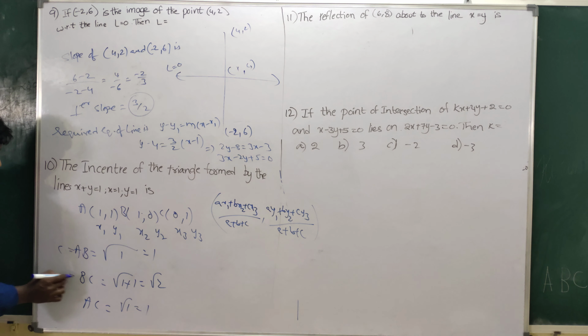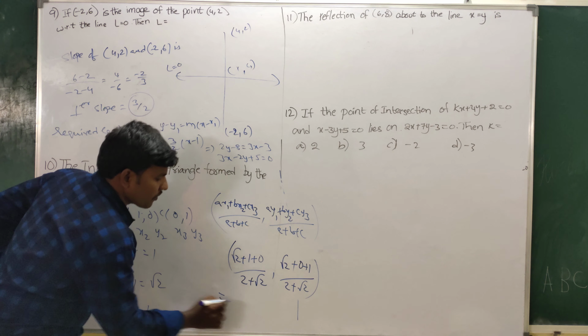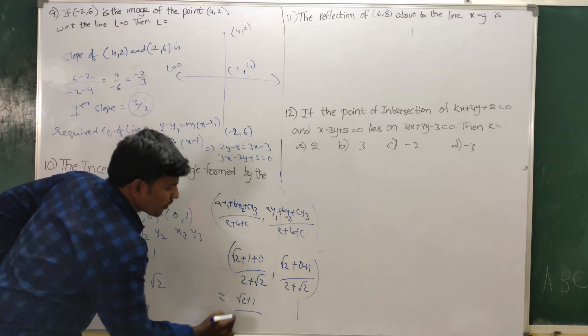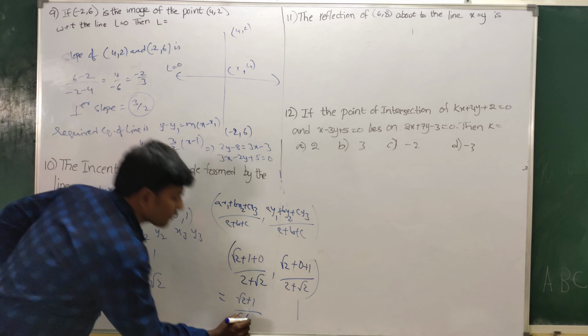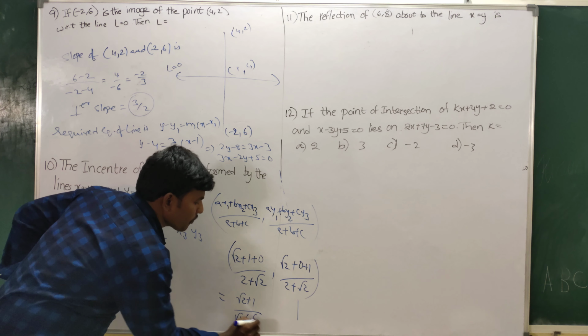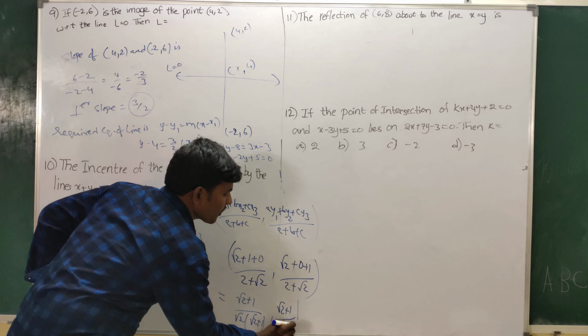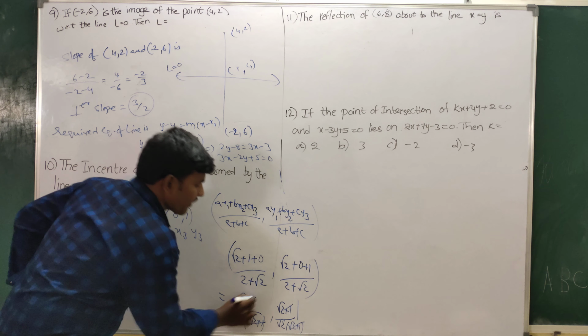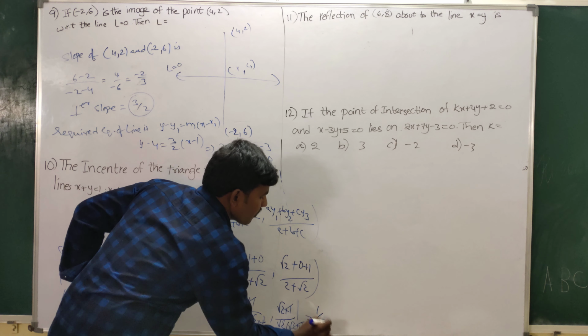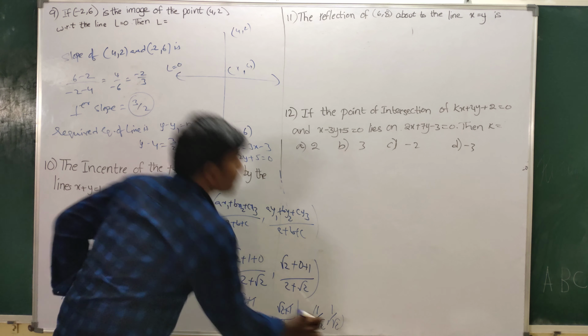Similarly, a into y1, root 2, plus b into y2, 1 into 0, 0, plus 1, by 2 plus root 2. After cancelling, we get the point 1 by root 2 comma 1 by root 2.